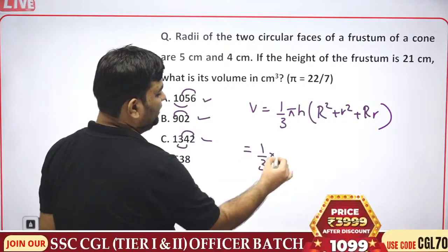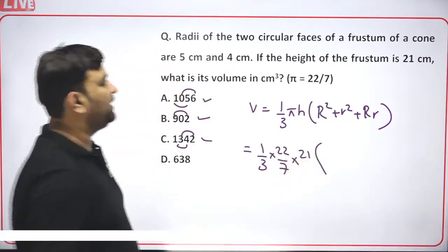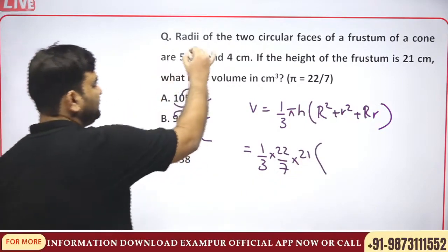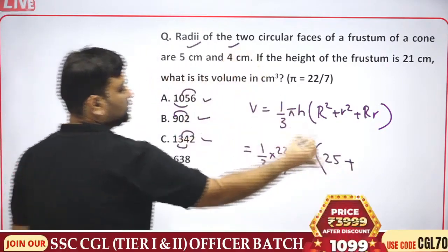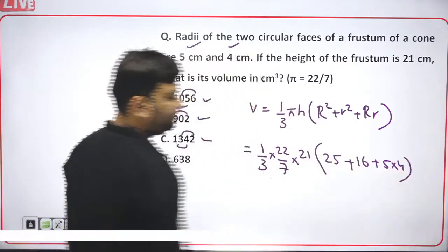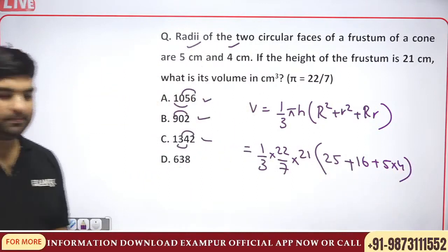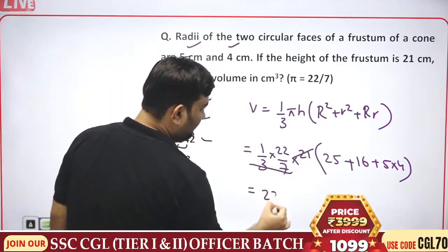1 by 3 pi, 22 by 7, height is 21, R square plus r square. Bigger radius 5, square 25. Smaller radius 4, square 16, plus 5 into 4. 21 simplified with 22.